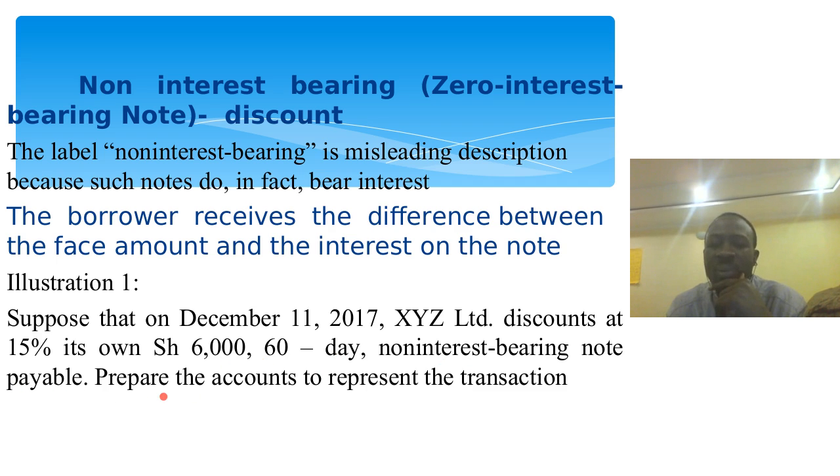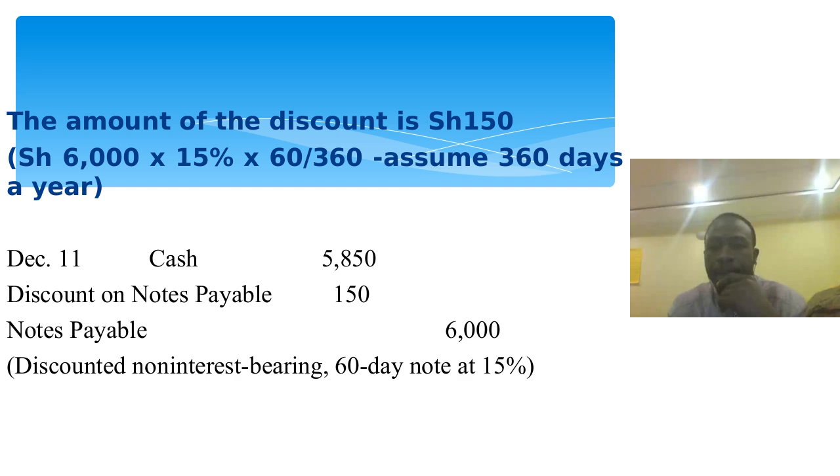Now we are told to prepare the accounts for the transaction. Remember, we are told that the discount is at 15%. So it is 15% of the 6,000 shillings. So we can look at the solution.